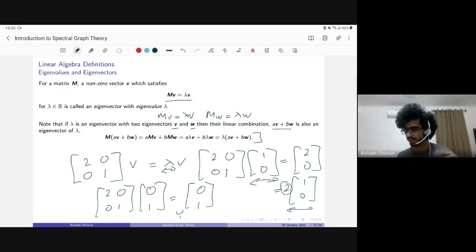Conversely, it's not guaranteed that you'll always have exactly n eigenvalues. Some matrices don't have any real eigenvalue, but they will then have complex eigenvalues. We just won't deal with complex eigenvalues here.